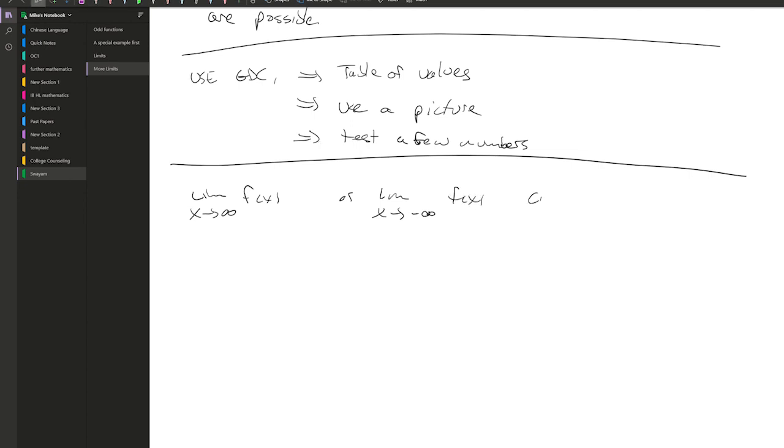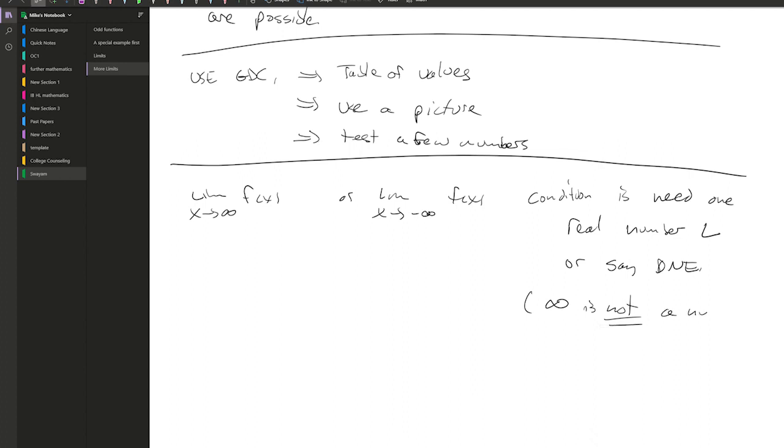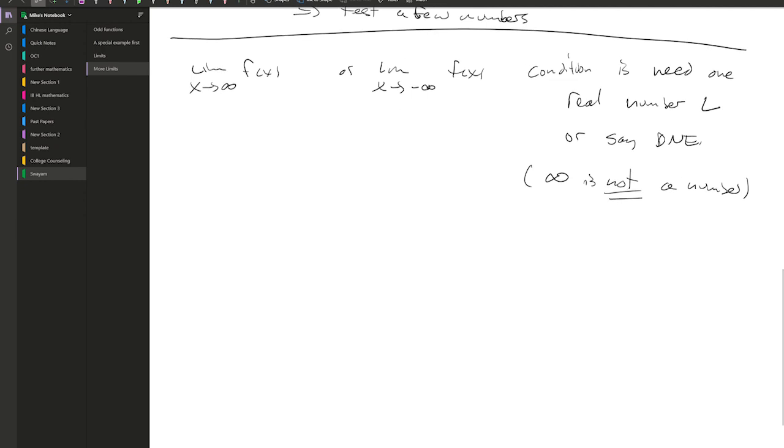And the condition here is that I need one real number L, or we say does not exist. And note, infinity is not a number. And we talked about that earlier today.